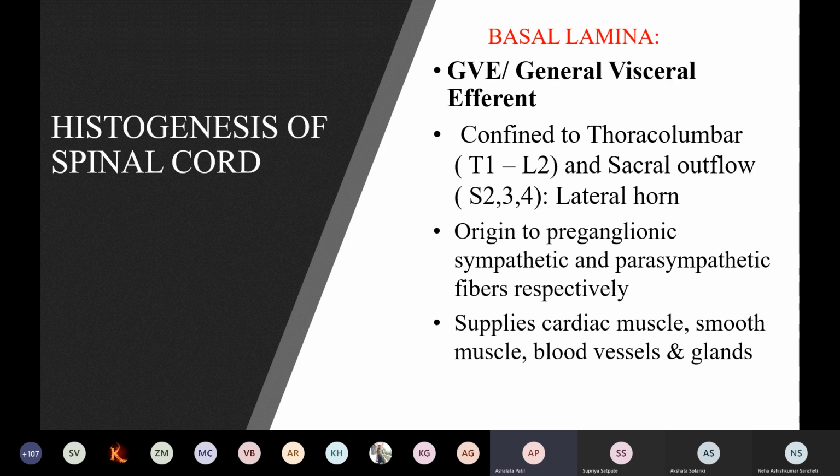Now one more group of nuclei is present in the spinal cord, that is the motor group of nuclei called the general visceral efferent, GVE. General visceral efferent corresponds to the autonomic nervous system. There are two parts of the autonomic nervous system, the sympathetic and the parasympathetic. The sympathetic is described as the thoracolumbar outflow.